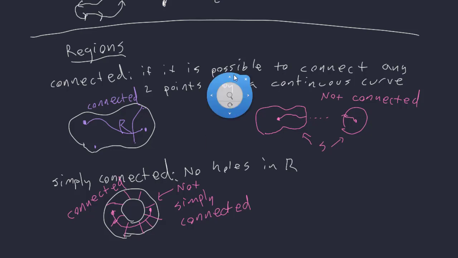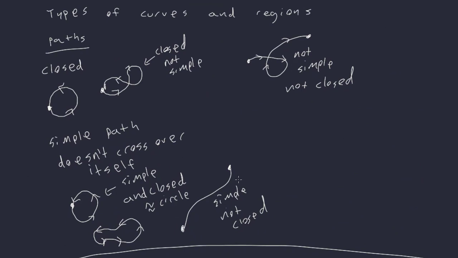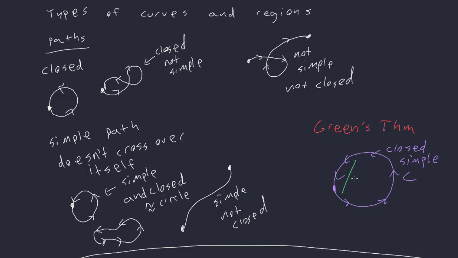So the reason that we need this is because what Green's theorem requires is basically a path that is counterclockwise, closed and simple. And we need that path C to enclose a region R, and that region R needs to be connected and simply connected.